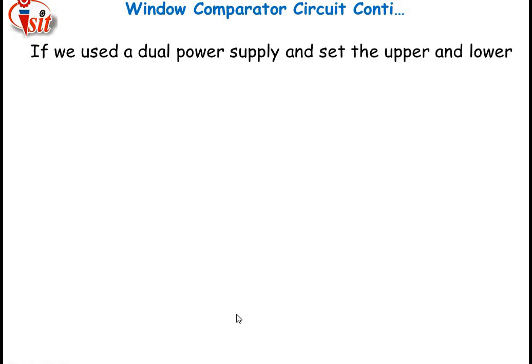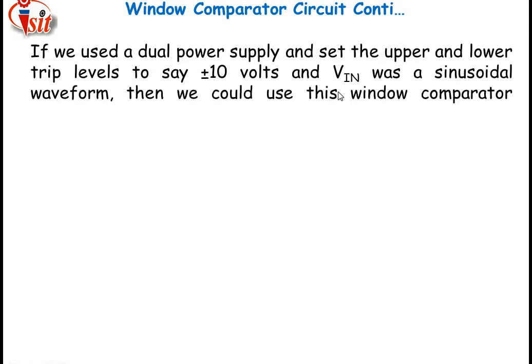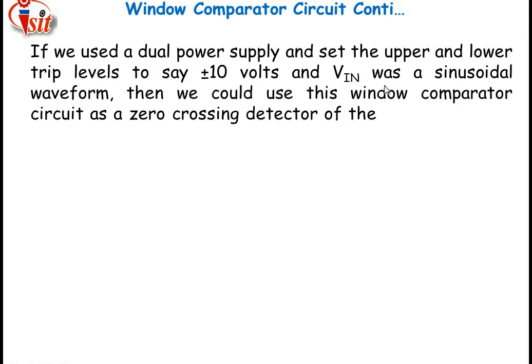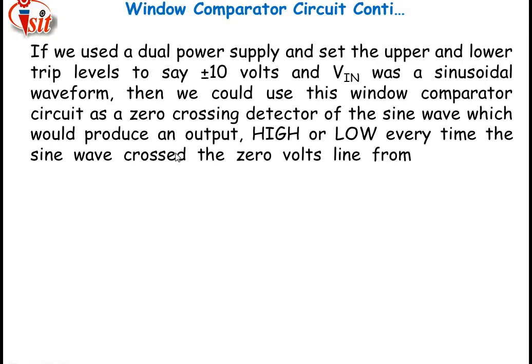Along with this, if we use a dual power supply and set the upper and lower trip levels to, say, plus or minus 10 volts, and V is a sinusoidal waveform, then we could use this window comparator circuit as a zero crossing detector.